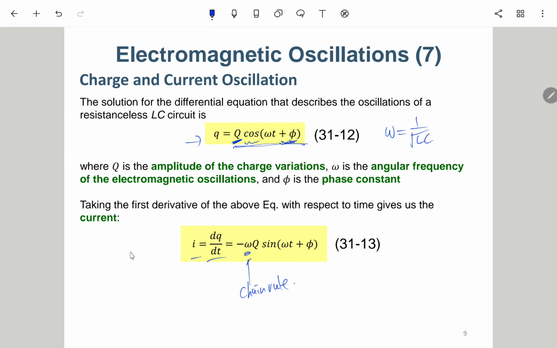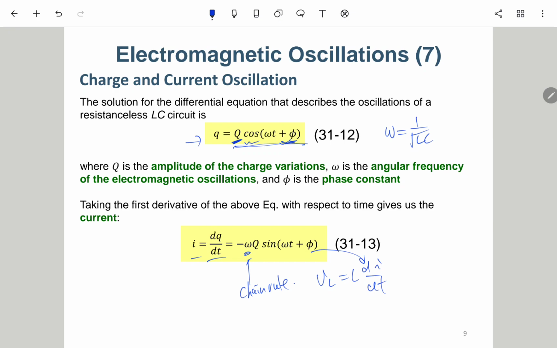If you want to further know what VL is, VL will be L di dt, and you can plug this in here, take the derivative, and you will also find VL.